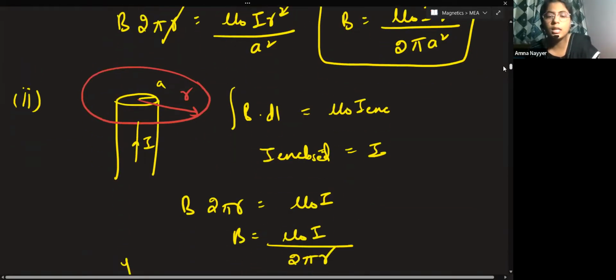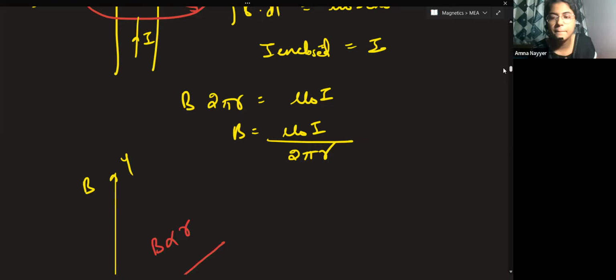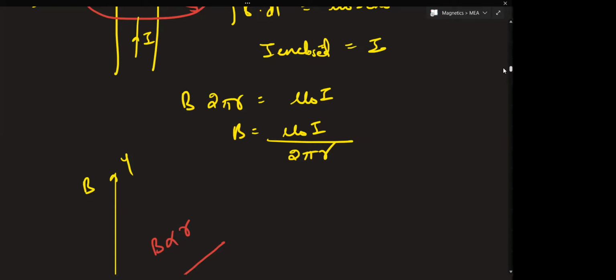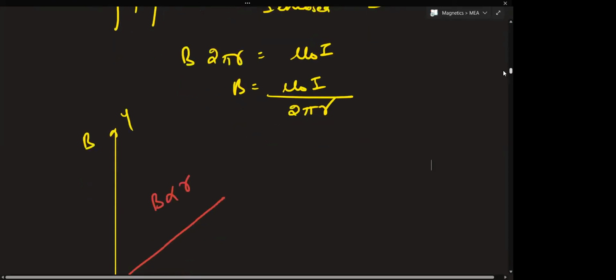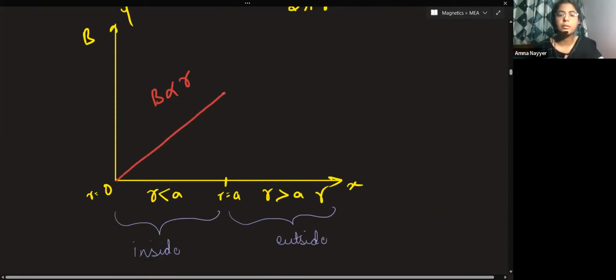Now, can you tell me about outside? How are B and R related? Inversely proportional. So for outside, it becomes inversely proportional. From here, the nature of the graph changes.